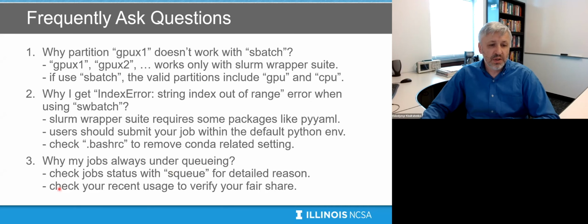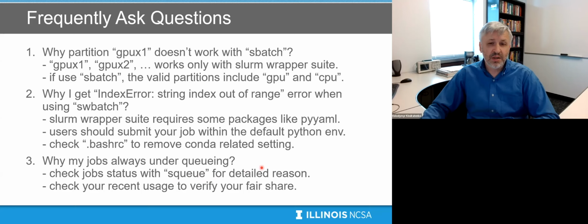So why is my job always queuing, right? It's always sitting in the queue and not running. You can use SWQ to see if your job is running, but then you can also use SQ to get more details about your job. And SQ will tell you the reason why your job is in the queue. Maybe you requested resources which are not yet available.